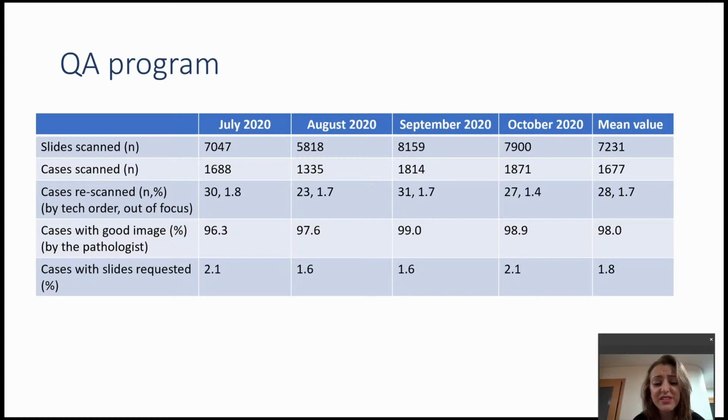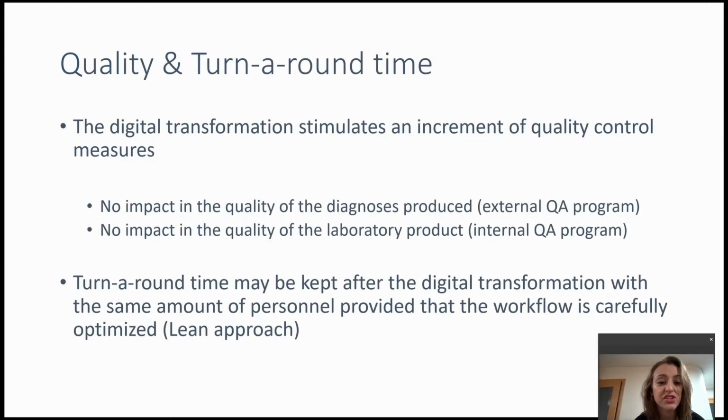The cases that are evaluated as having a good image by the pathologists are very high, 98%, which is very, very good. And overall, only 1.8% of cases need to have a review on physical slides. So this is really a success of the implementation.